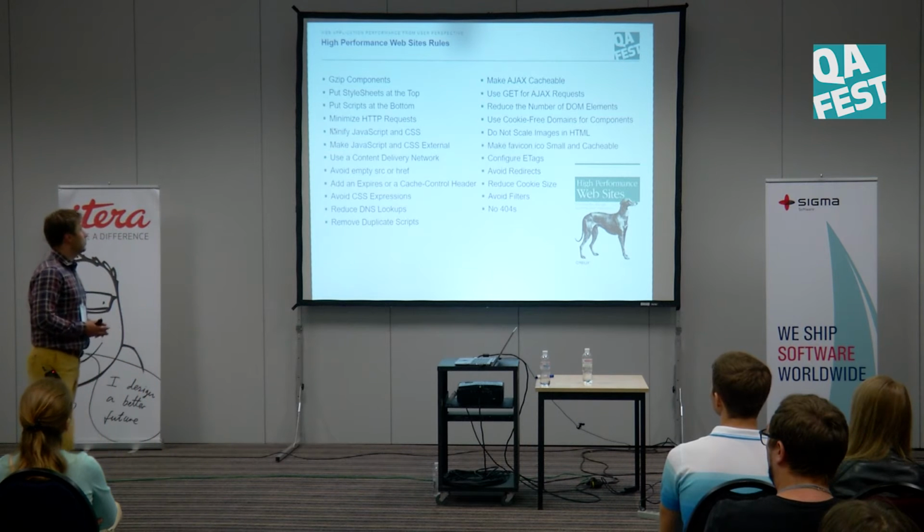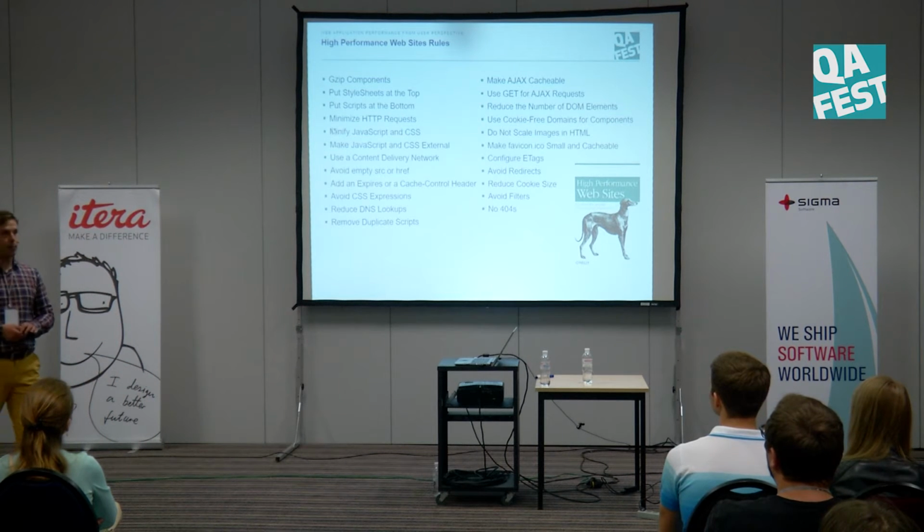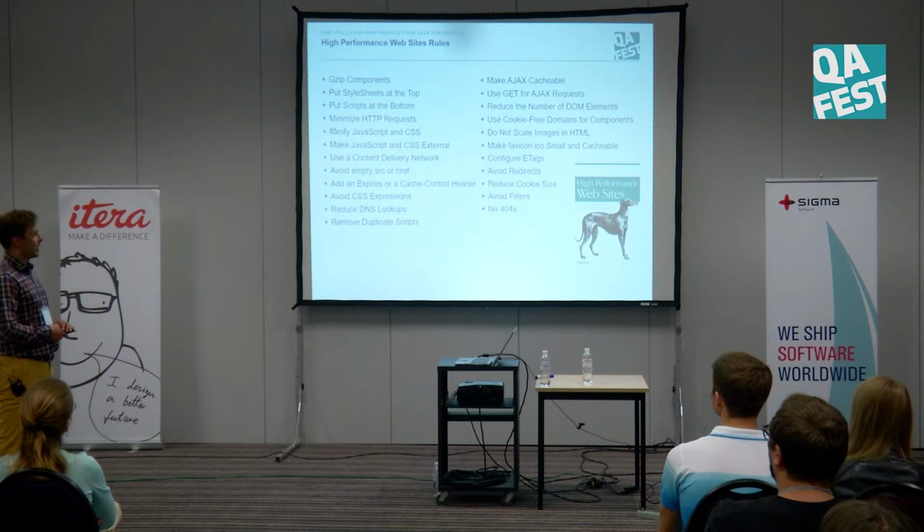Here are some simple rules. Those rules were published a few years ago on the Yahoo developer website. Later on, Steve Souders, who is the main author of those rules, published a book, High Performance Web Sites. These rules should be like initial checks for our application.